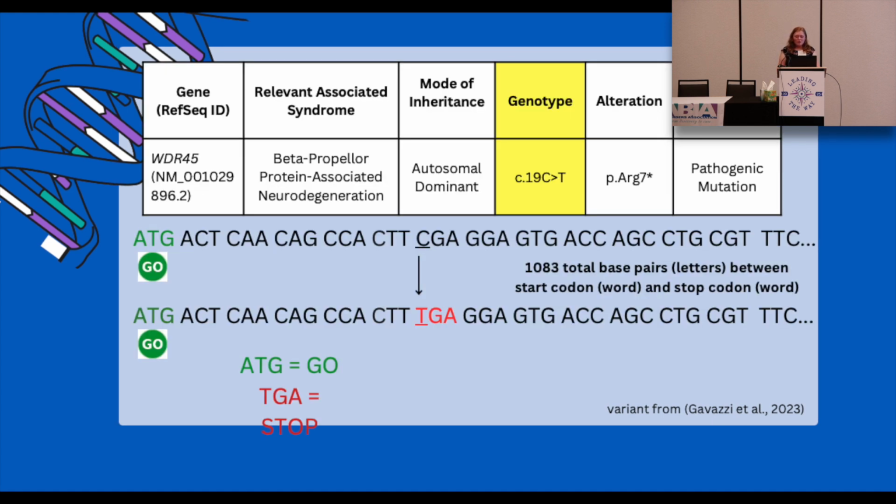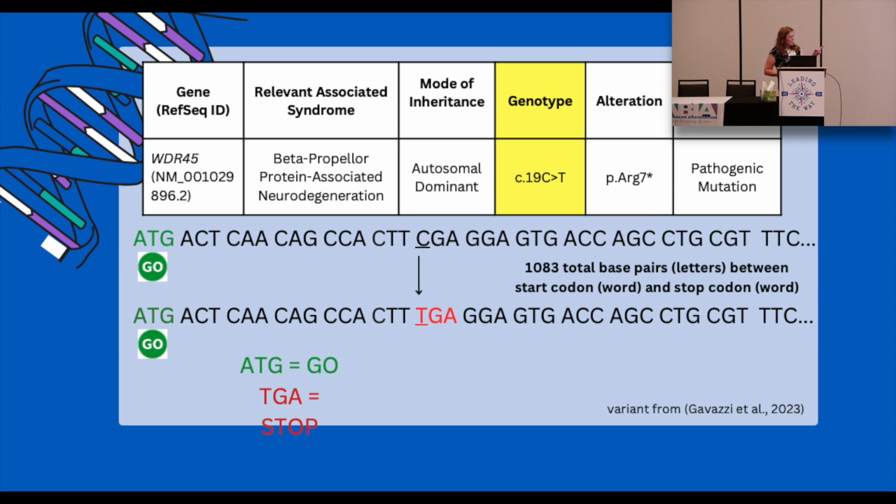So the WDR45 gene is about 1,600 letters long from the start codon to the end codon. But in this particular result, there was someone who had a change on the 19th letter. So this is the actual coding sequence.